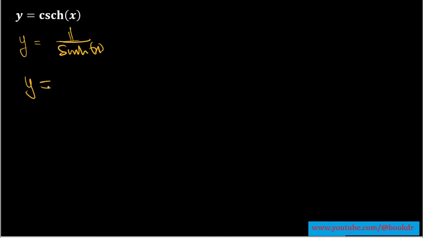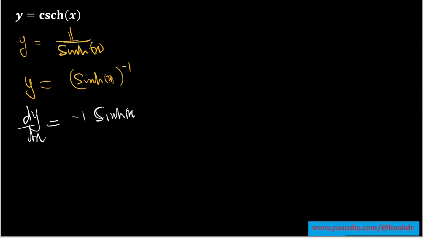Let's use that one, it will look simpler. So this is sinh x to the power negative 1. Then dy/dx will be equal to negative 1 sinh x raised to the power negative 2, multiplied by the differentiation of the content, which is cosh x.